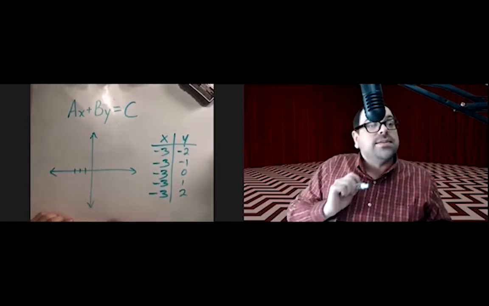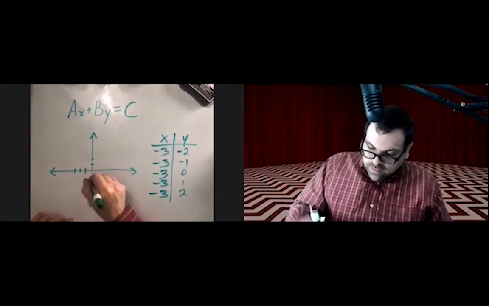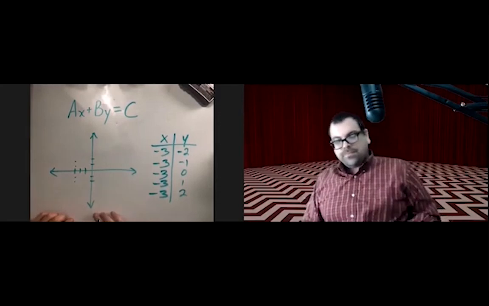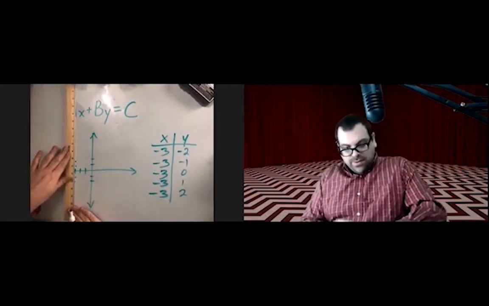I have a feeling x equals -3 is going to be important. And they most certainly do fall on a line.